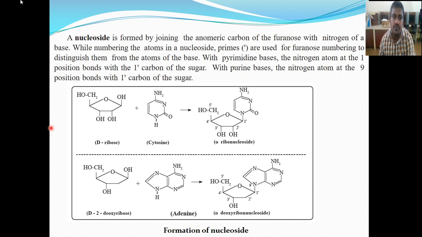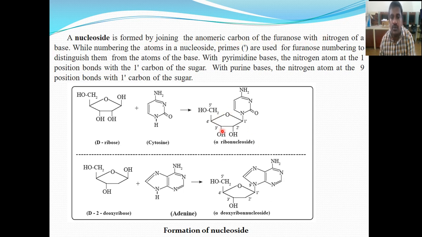So what is a nucleoside? We saw that DNA is composed of pentose sugar, nitrogen bases and phosphate. A nucleoside is formed by the joining of the anomeric carbon of furanose with a nitrogen base.